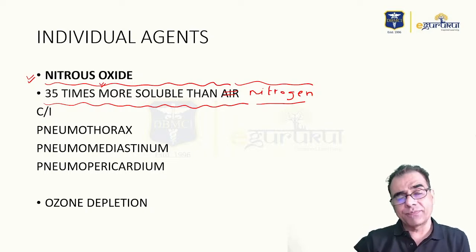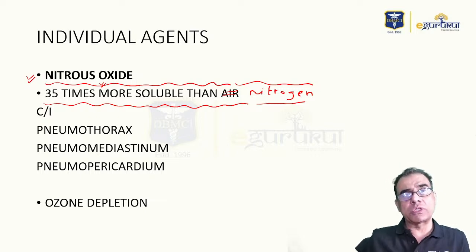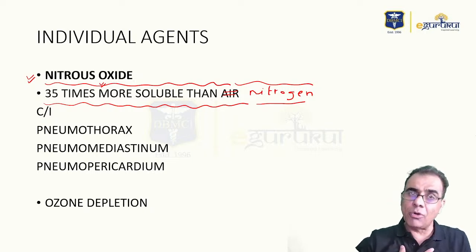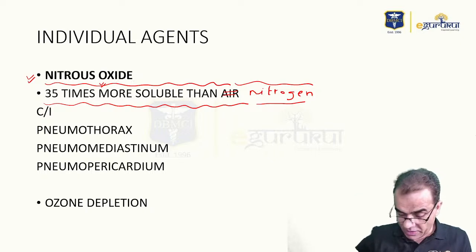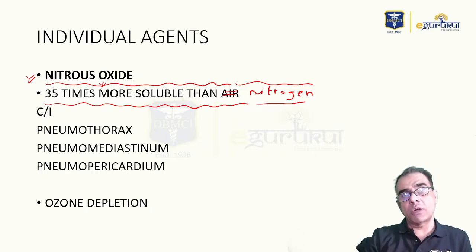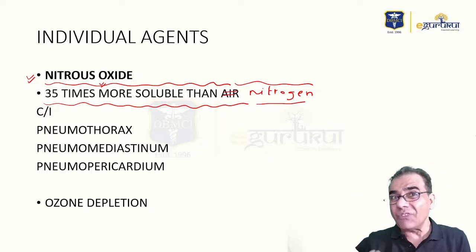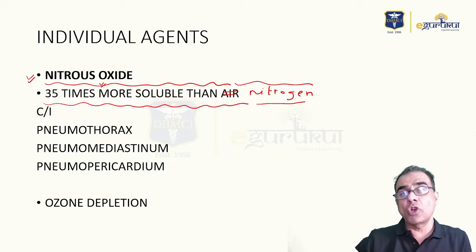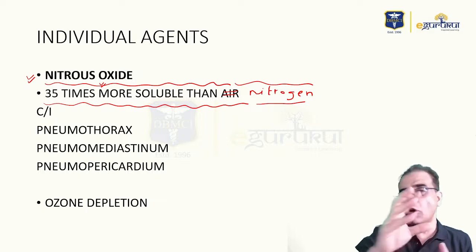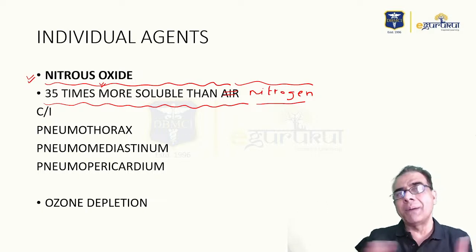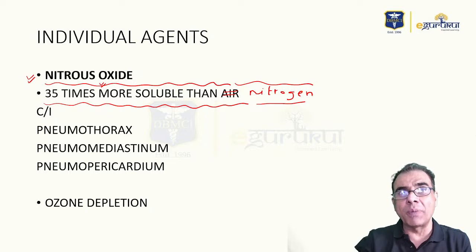Now imagine if there is any air in a closed space, like the patient is suffering from pneumothorax or pneumopericardium or pneumomediastinum or pneumoencephalum. Imagine for 1 mole of nitrogen removed it is getting replaced with 35 molecules of nitrous oxide. So imagine how fast a small pneumothorax or a small pneumopericardium is going to become a tension pneumothorax or tension pneumopericardium. The volume of a pneumothorax can double or triple within 10 to 20 minutes.